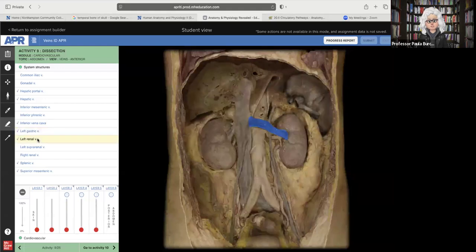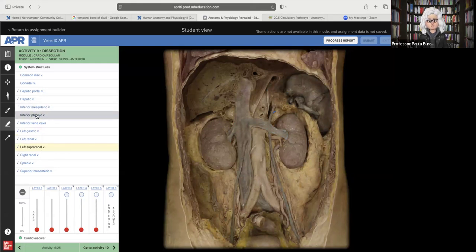We're going to have a left renal for the left kidney, a right renal for the right kidney. And then remember that atop the kidneys, you have adrenal glands. There's one there, there's one there. These are suprarenal glands. So there's the left, you can see a little tiny vein there, left suprarenal vein.